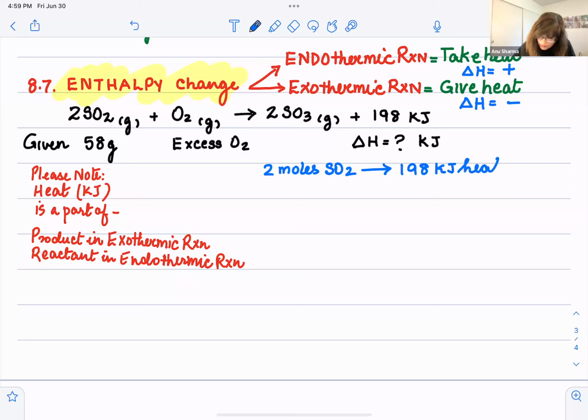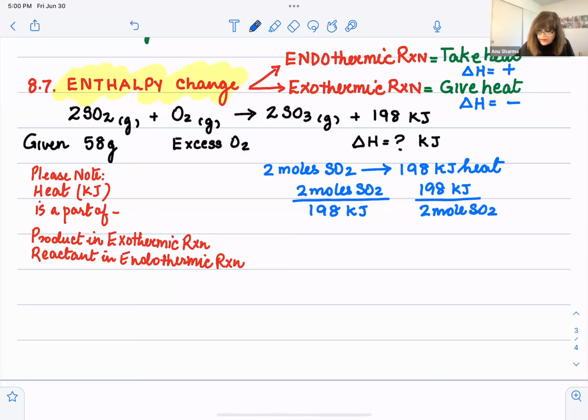So the ratio is 2 moles of sulfur dioxide over 198 kilojoules of heat, or 198 kilojoules of heat over 2 moles of sulfur dioxide. And the rest is the same.